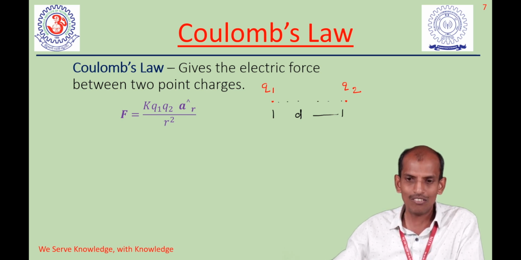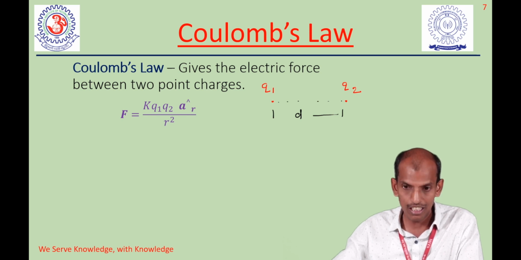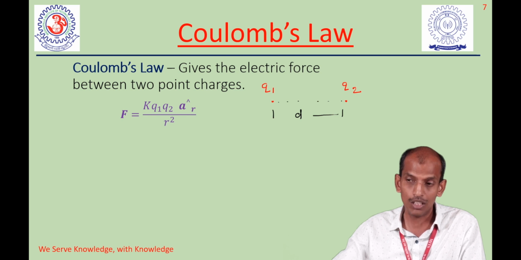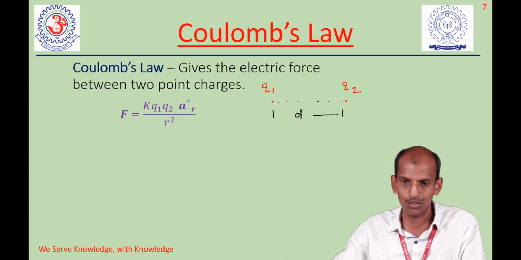So whenever two point charges are separated by some distance d, the force of attraction or repulsion, if they are like charges, they will have a force of repulsion. If they are unlike charges, they will have a force of attraction.